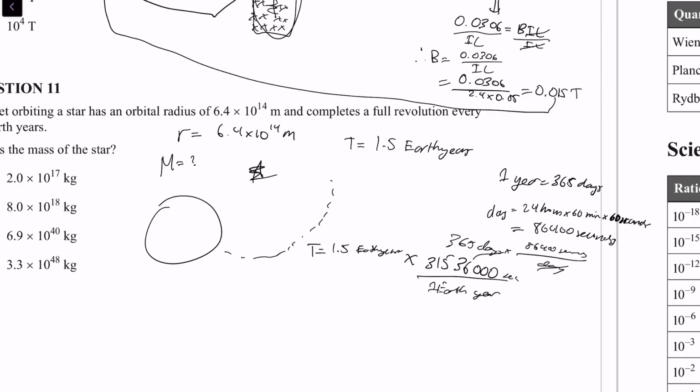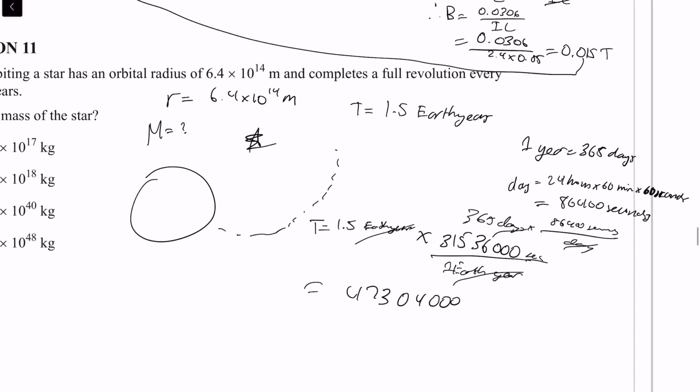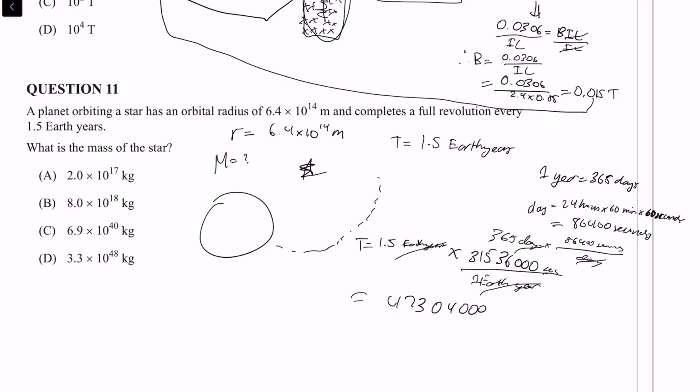So that's how many seconds in an Earth year. So I can cancel these out, and then times that by 1.5, I get 47,304,000. Okay, so pretty big values there, making sure I've got the correct values for them. And they should show in my multiple choice anyway.